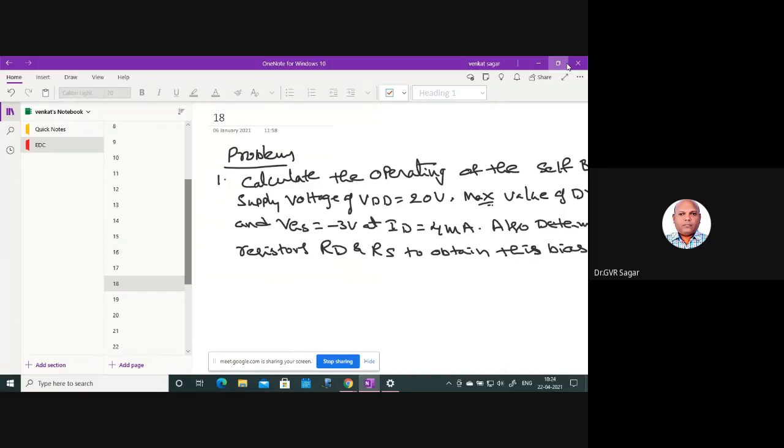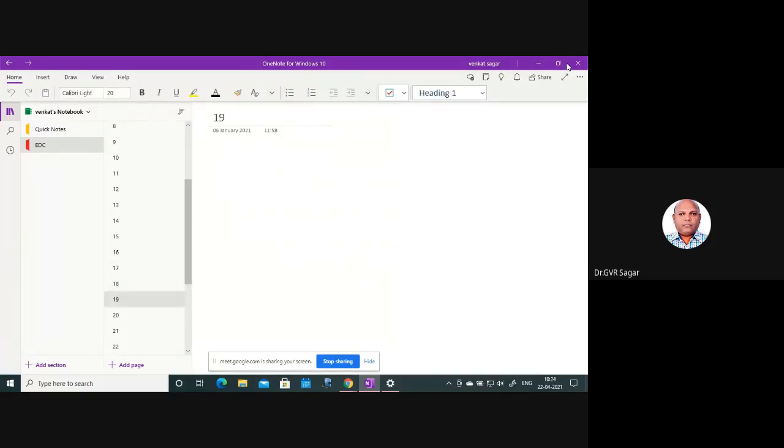Also determine the value of resistors RD and RS to obtain this bias condition. Right? Second problem.